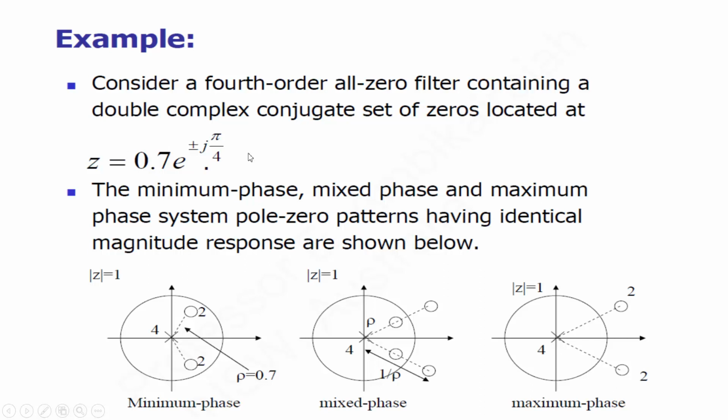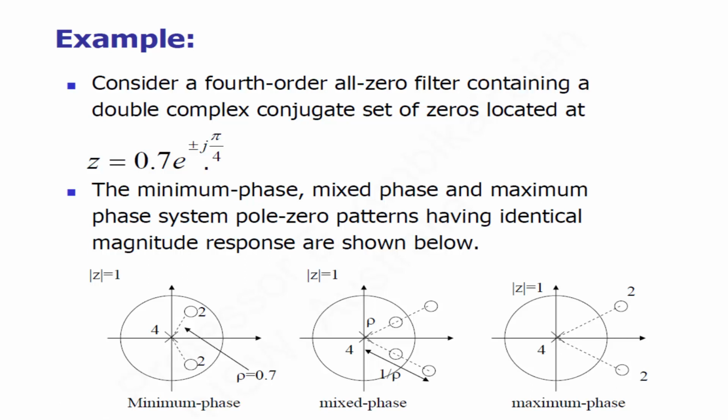All right, it contains a double complex conjugate set of zeros located at z equal to 0.7 e to the power plus minus j pi by 4. So two zeros will be here, two zeros will be here. All poles lie at the origin.